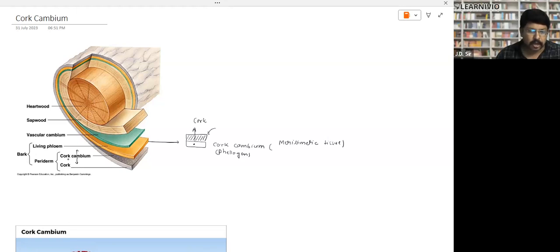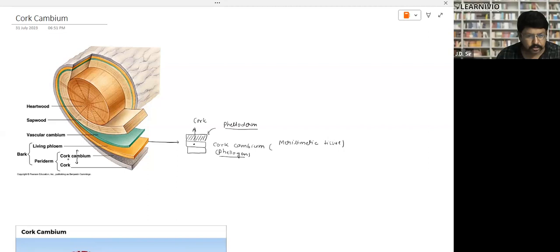That is the cork. This layer is called phellogen, and the inner layer is called phelloderm. On the inner side it will add phelloderm, another layer.